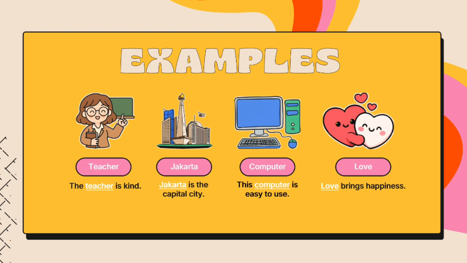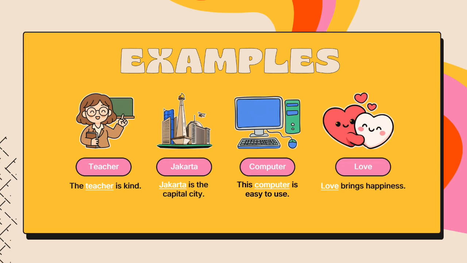The word computer is the noun because it names a thing. And finally: love brings happiness. The word love is the noun because it names an idea. So we can conclude that nouns are words used to name people, places, things, or ideas.